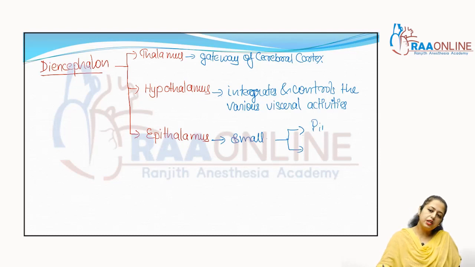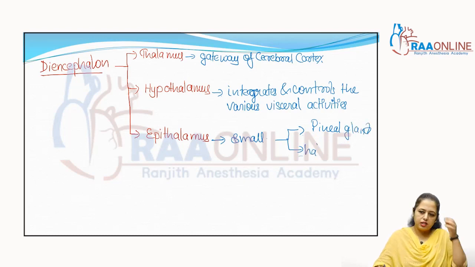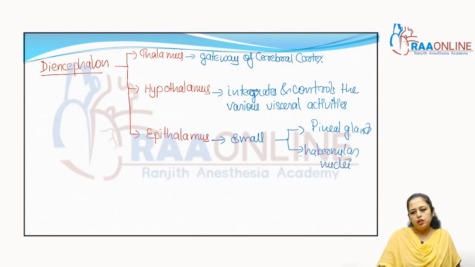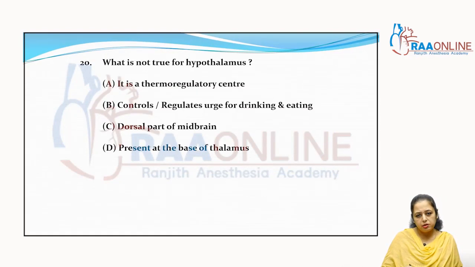The first one is the pineal gland, which acts as a nucleus for the epithalamus, and the second one is the habenular nuclei. Clear? So this is the diencephalon: the thalamus, hypothalamus, and the epithalamus.